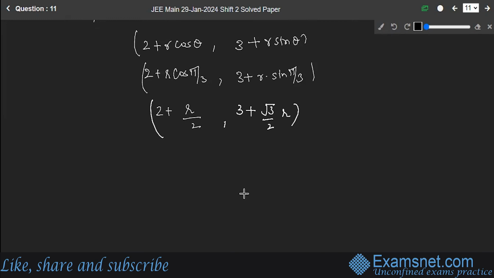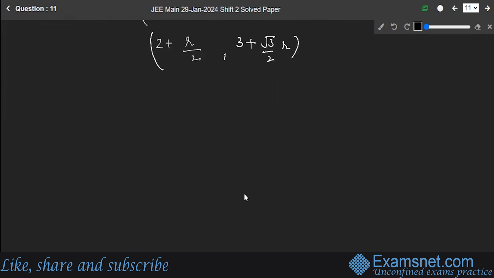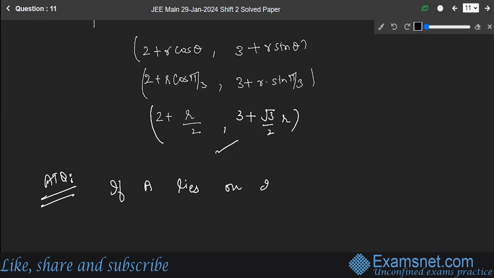Now, if this point A, which is given by this parametric form, lies on the given line, according to the question, what is that given line? 2x minus 3y plus 28 is equal to 0. So that means it will satisfy.